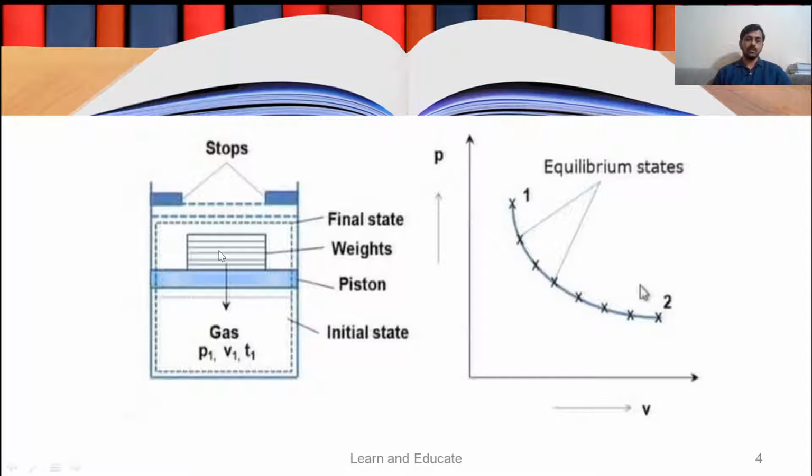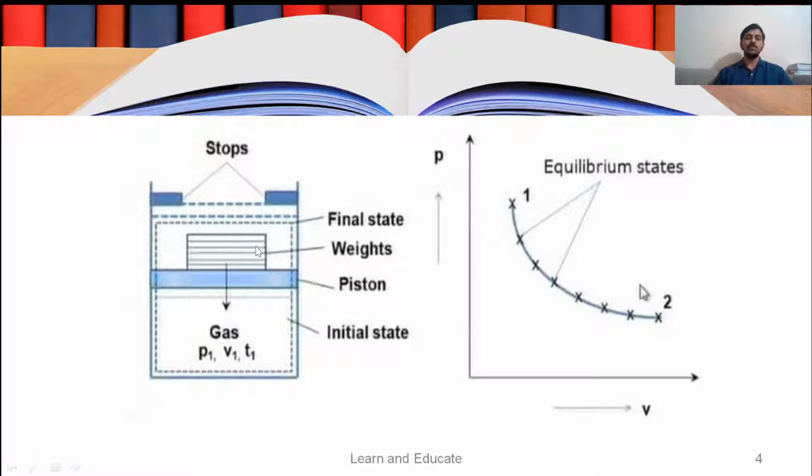Now, if you remove the next weight, what I am trying to say is that when you remove the weights one by one slowly, the gas molecules get sufficient time to redistribute themselves properly within the cylinder. The next weight is removed so that the system reaches the next intermediate equilibrium point.